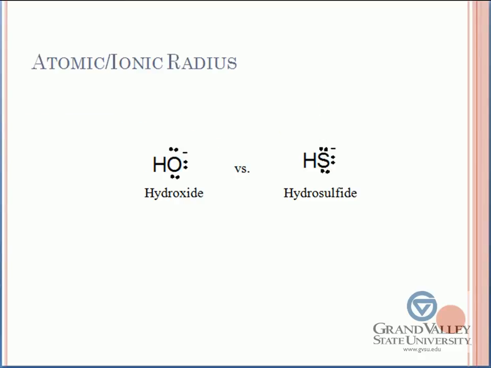Another factor that influences the base strength is the size, as in atomic or ionic radius. If we are comparing bases in the same family, we can use this property to determine the relative base strengths. For example, let's consider the following bases. Our two ions are hydroxide and hydrosulfide. Both of the ions have the same number of valence electrons and the same overall charge.